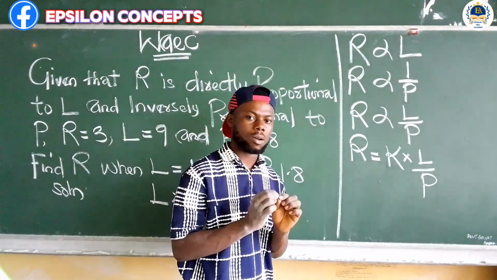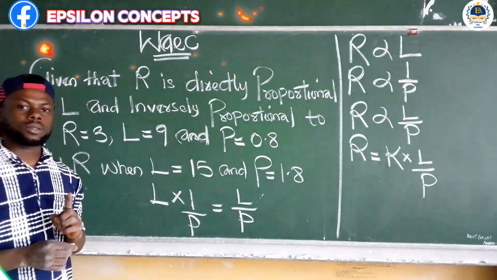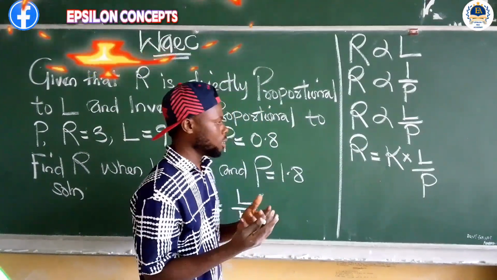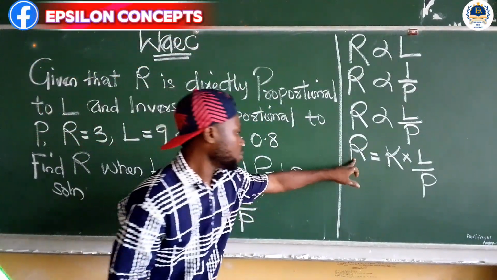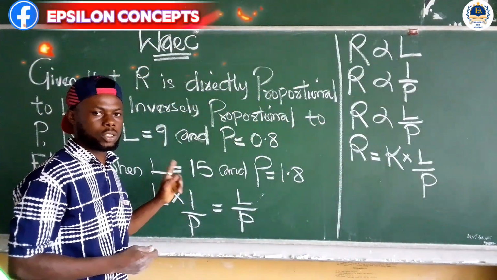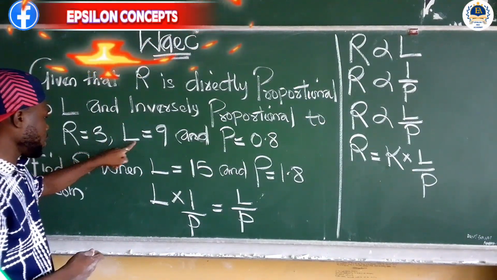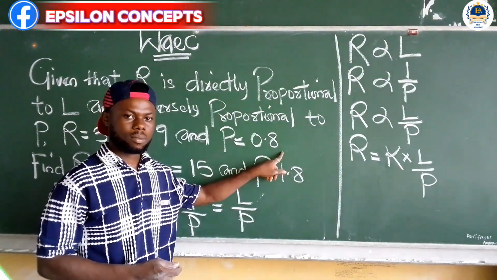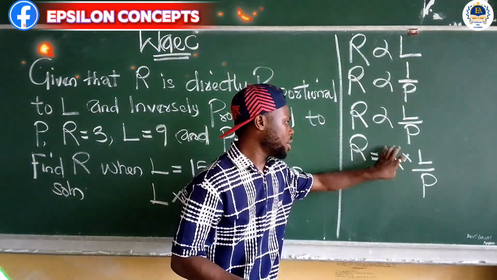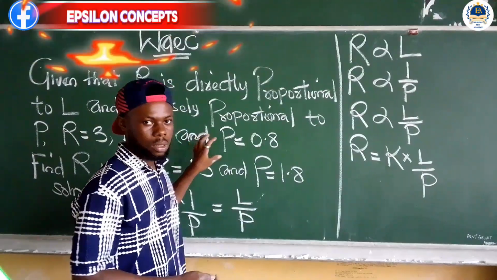Now from the first statement or parameters given on the board, I said we are using the first statement to determine the value of k. If you observe closely, you notice that R, L, and P were given to us in the question on the board. R is given, L is given, and P is given. Since these three are known, we can make k the subject of the formula, then substitute the values to get k.